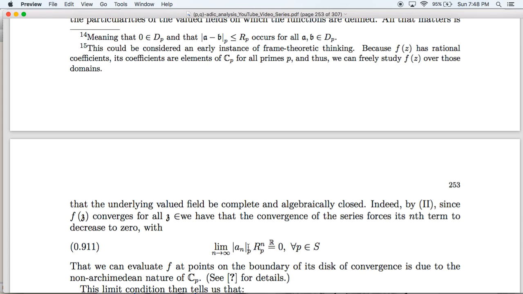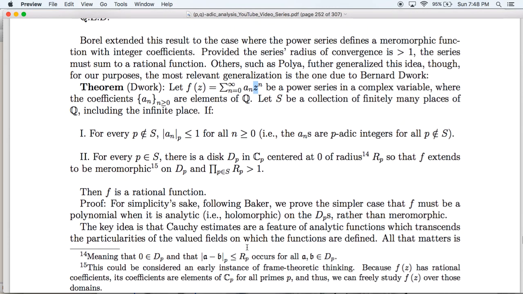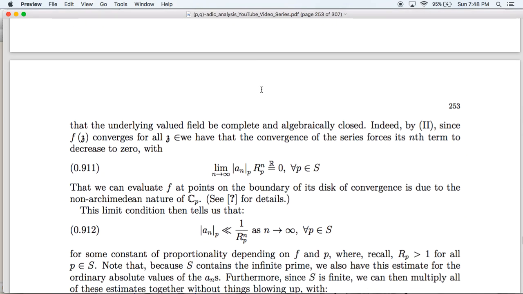Basically, if you have a formal power series with rational coefficients, and if there is a p-adic number at which the series evaluates to a convergent result, then the p-adic absolute value of a_n times the p-adic absolute value of the number you picked to the power of n has to tend to 0 as n goes to infinity.